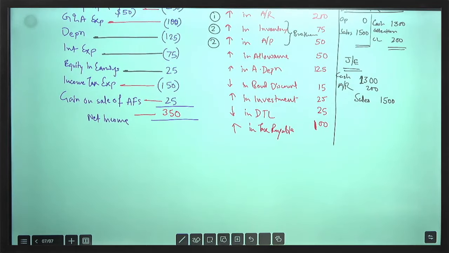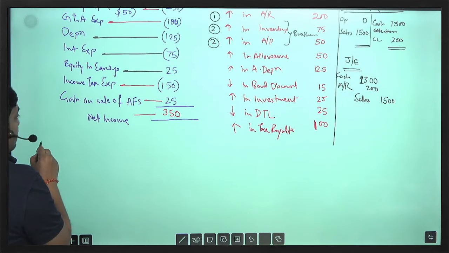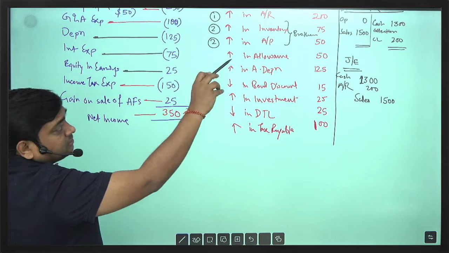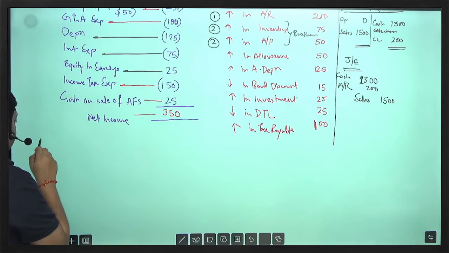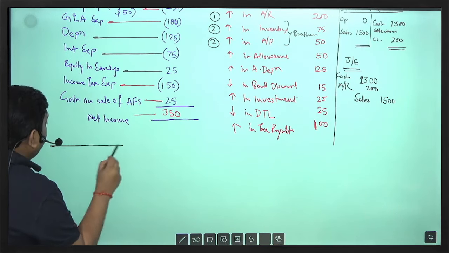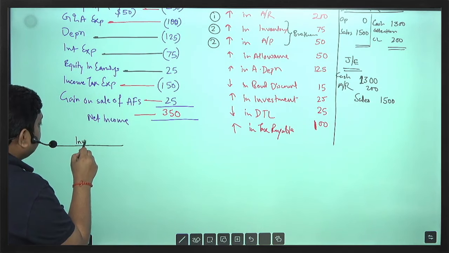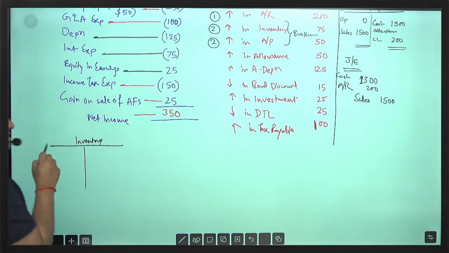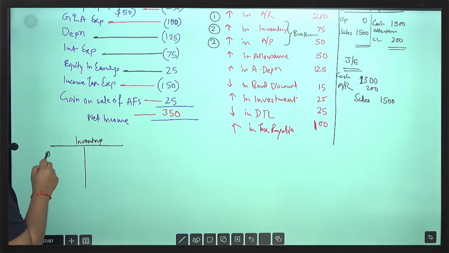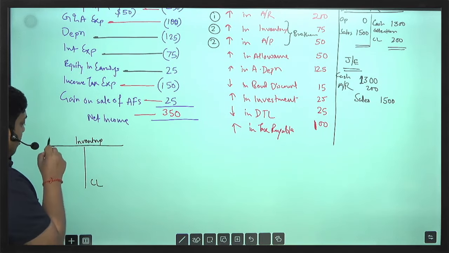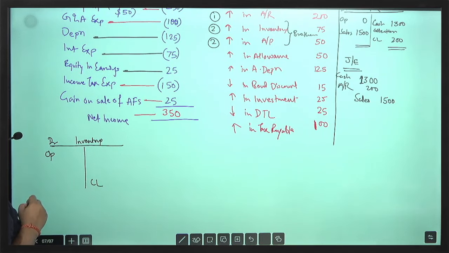If I have to show you, see, I have got this cash collection. Now, if I draw inventory, again this is an asset. Opening here, closing here, always debit. Right?